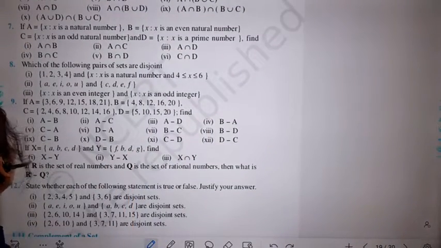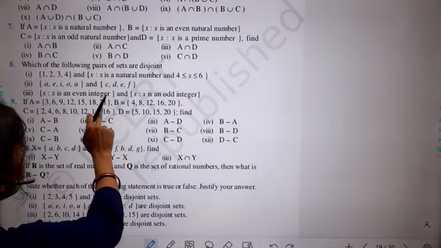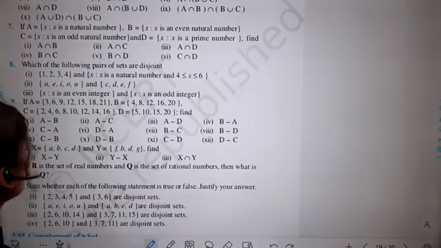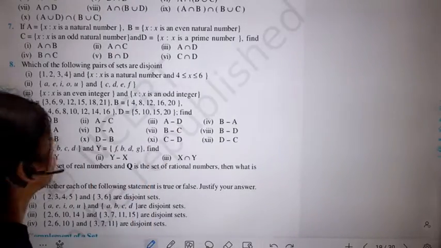Okay. Then next one is A is equal to 3, 6, 9, 12, 15, 18 and B is equal to this one. And C is equal to this one and D is equal to this one.